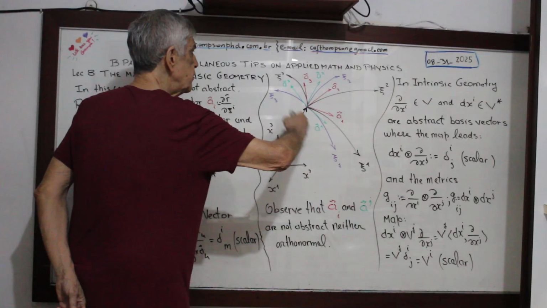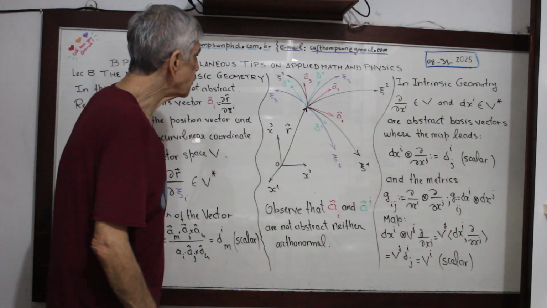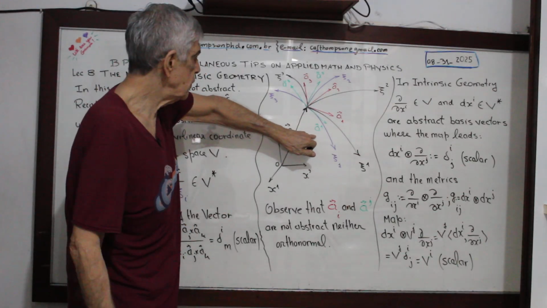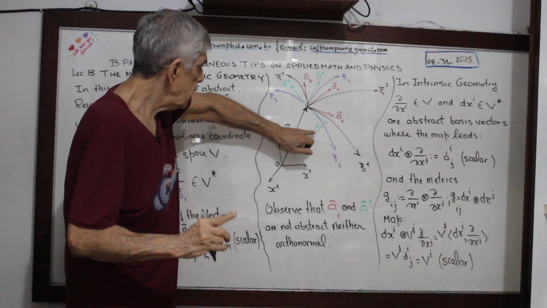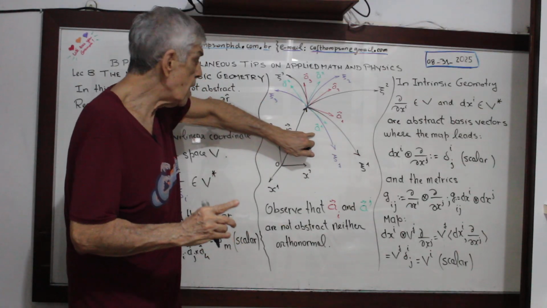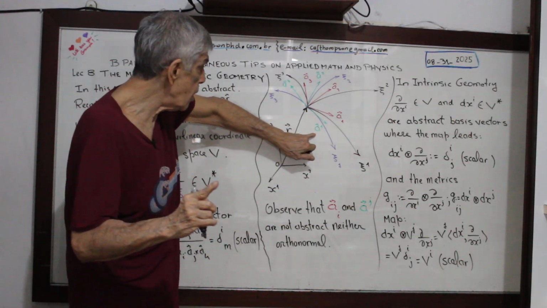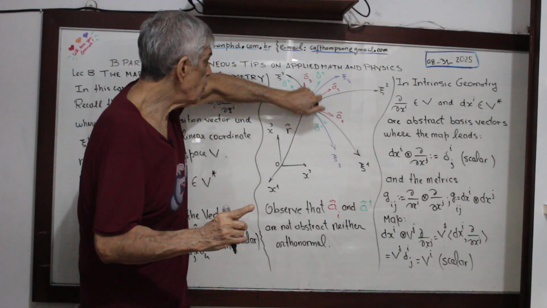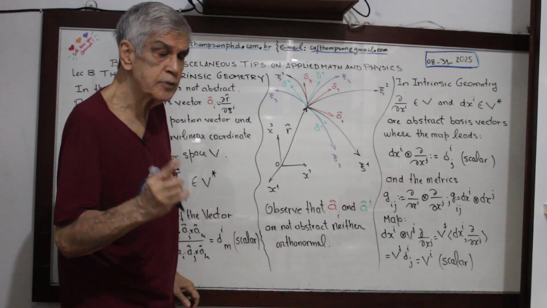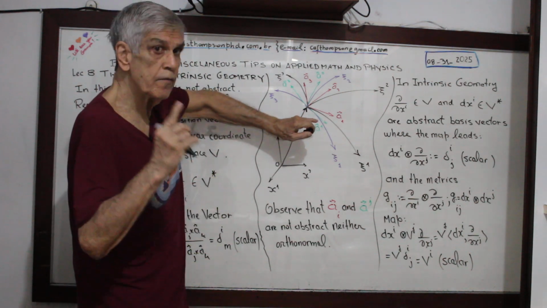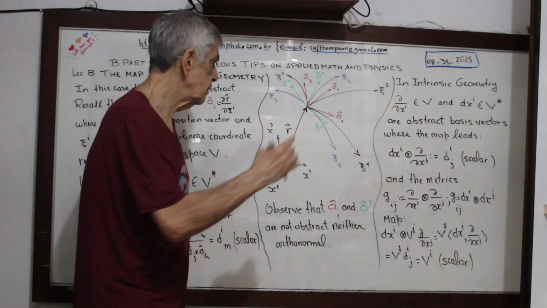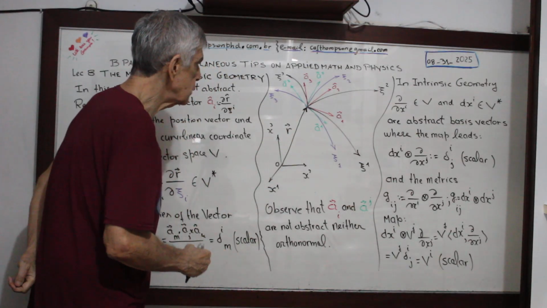These are the definitions of the basis vectors, okay? The green ones belong to the dual. Attention now, the green ones are contravariant because the index is an upper index. The red ones belong to the vector space, which is covariant. Why covariant? Because the index is a lower index, okay?